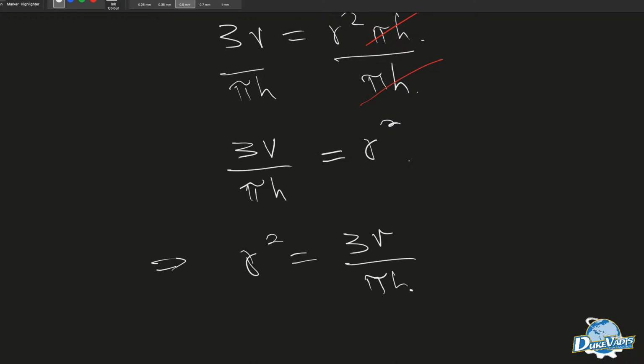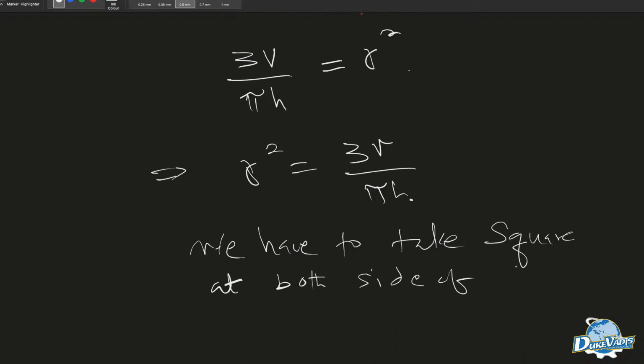As you can see, we have to take the square root at both sides of the equation derived so far.